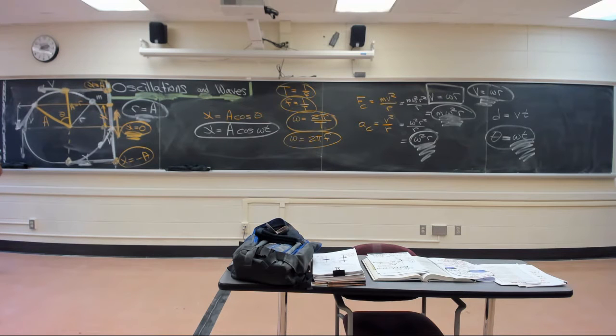Wait a minute. This whole thing is 180. If that's 90 and that's theta, this is 90 minus theta. 90 minus theta and 90 is 180 minus theta. This has got to be theta. Good. What is the projection then here? If this is V, ladies and gentlemen, this is V sine theta.